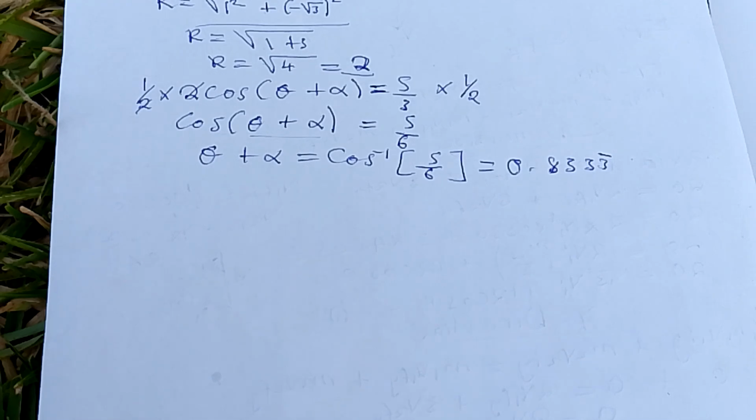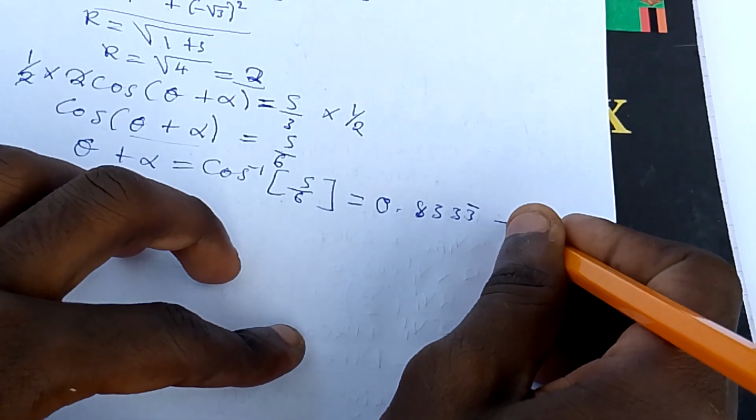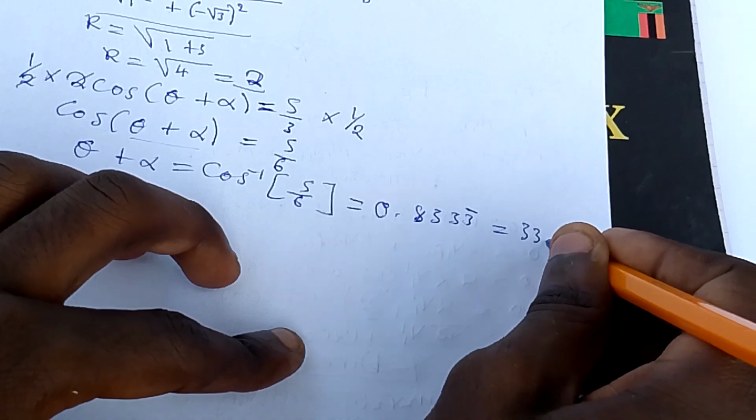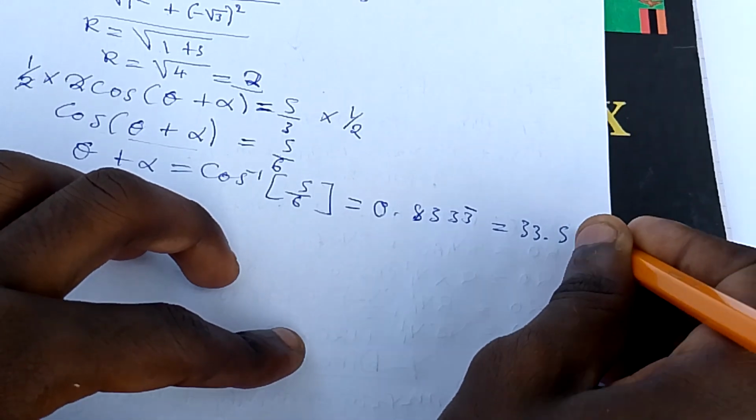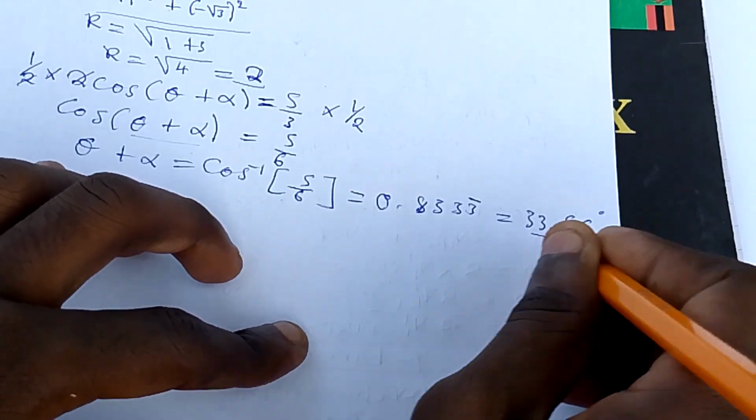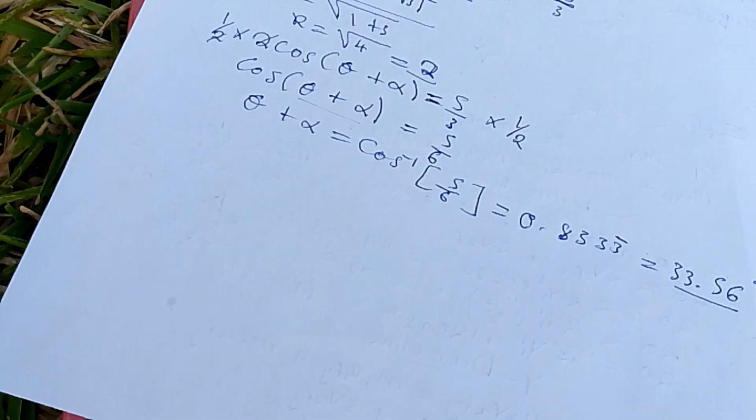So now, what is cos inverse of that? Sorry, I'm using the PC to find that. I left the calculator. So what is cos inverse of 0.8333? We're having 33.56 degrees. This is what we are having.